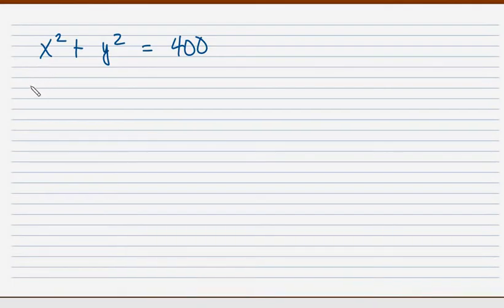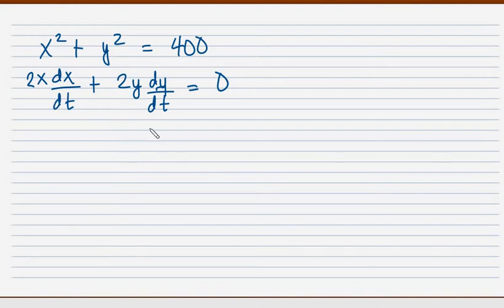So, derivative of x squared will now be 2x. The derivative of x, applying chain rule, will now be derivative of x with respect to t. And then 2y, and then derivative of y with respect to t, again applying chain rule. So this will now be equal to 0. What we want to solve here is the derivative of x with respect to t.